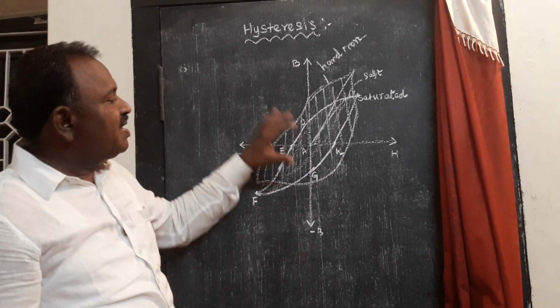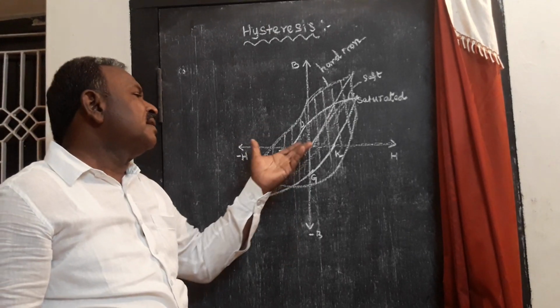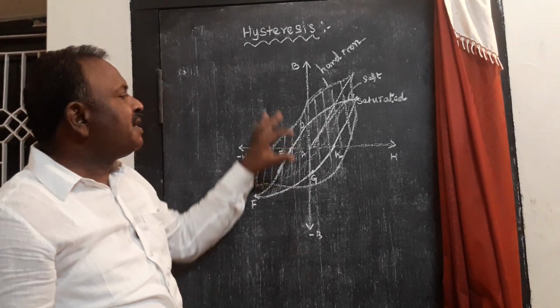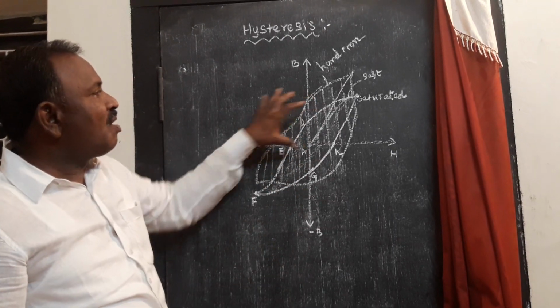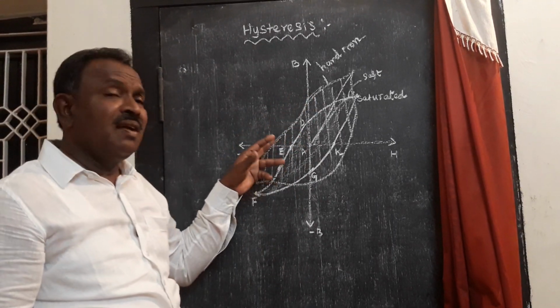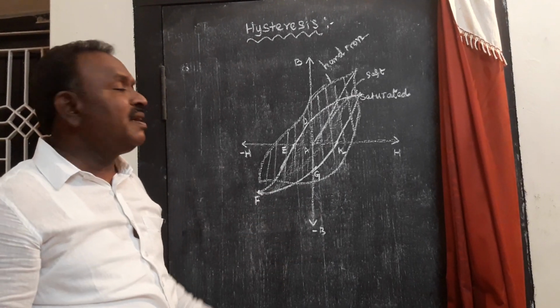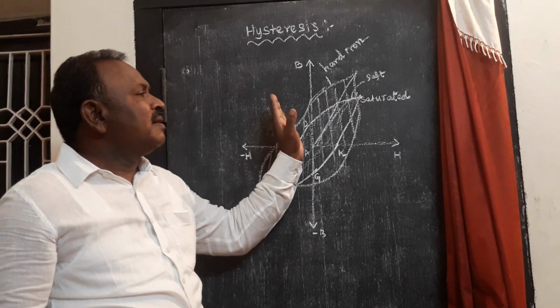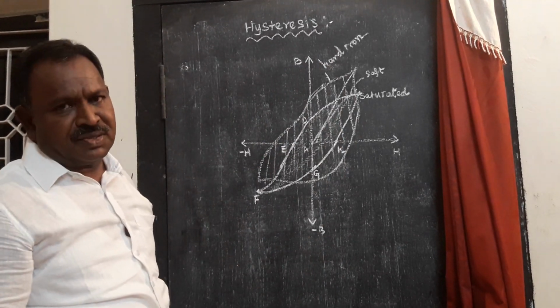So, when you see the retentivity and the coercivity, it is smaller for soft iron, but it is larger for hard iron. So we can comparatively compare the soft iron and hard iron by studying hysteresis.